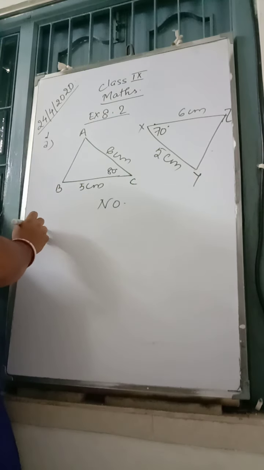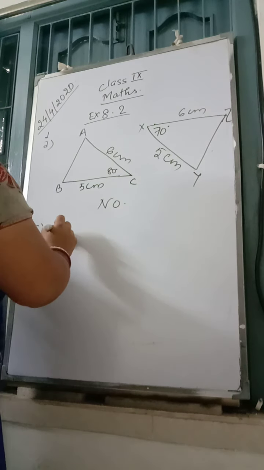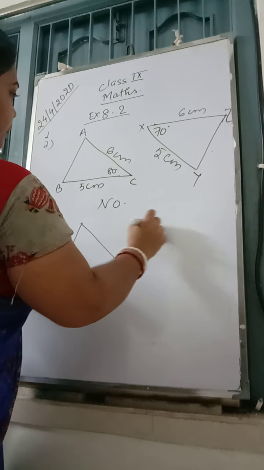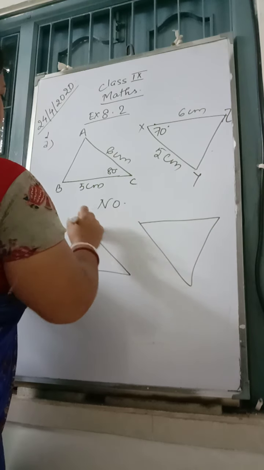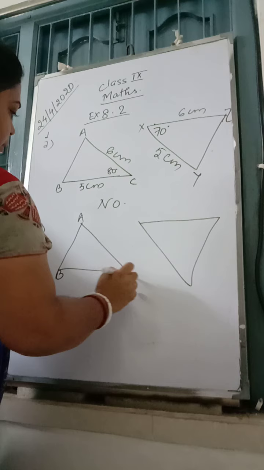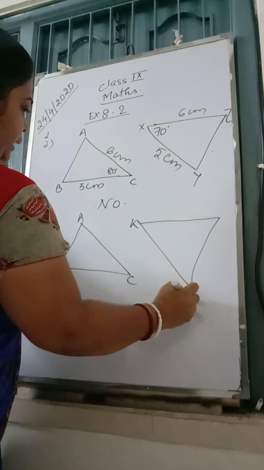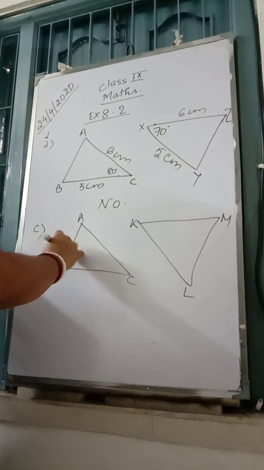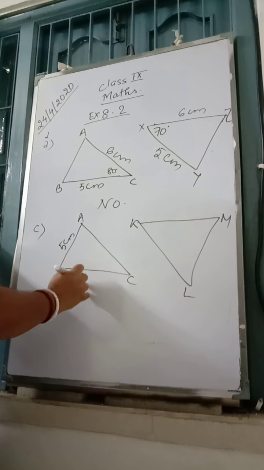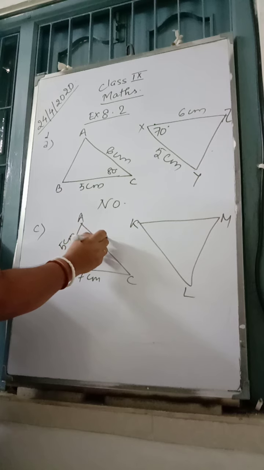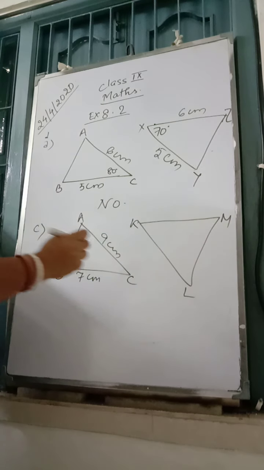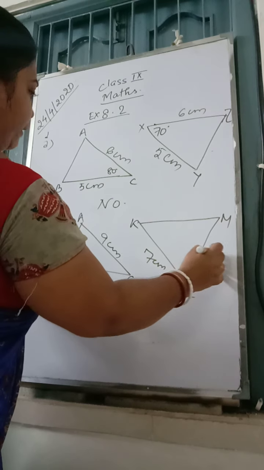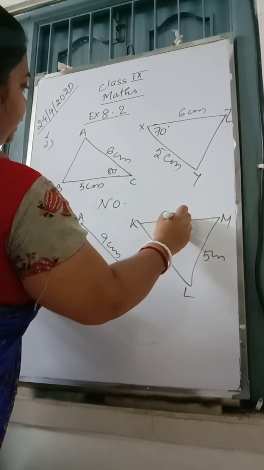No. Look at number C. It says ABC, A, B, C, K, L, M. AB 5, BC 7, CA 9, KL 7, LM 5 and KM 9.